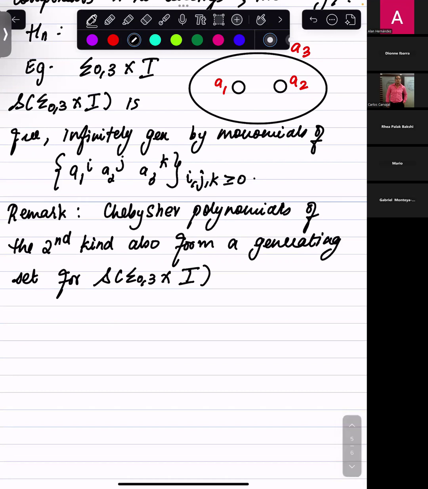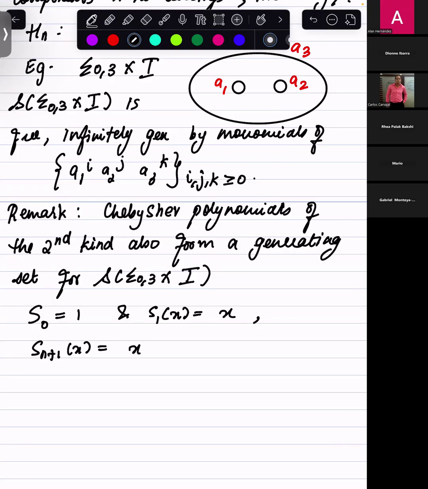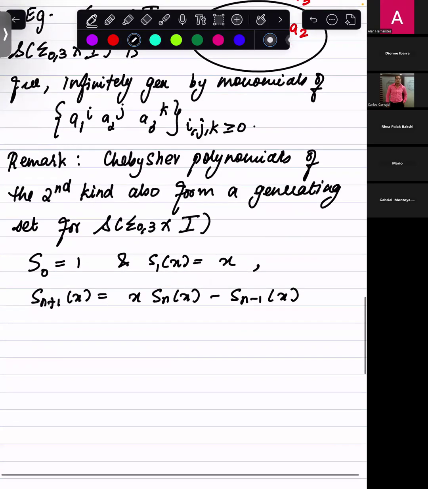And just to remind you all, Chebyshev polynomials of the second kind are denoted by a capital S, and they have two initial conditions. S0 is 1. S1 of x is defined to be x, and they satisfy this recurrence relation. S n plus 1 of x is x times S n of x minus S n minus 1 of x. And in this case, what you do is that you thread each curve into the variable.